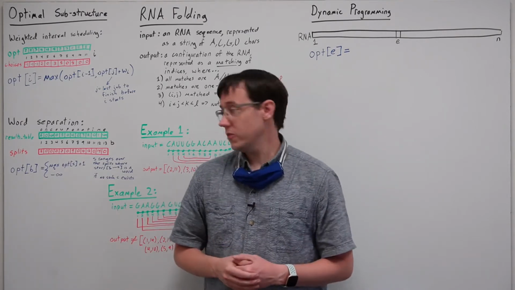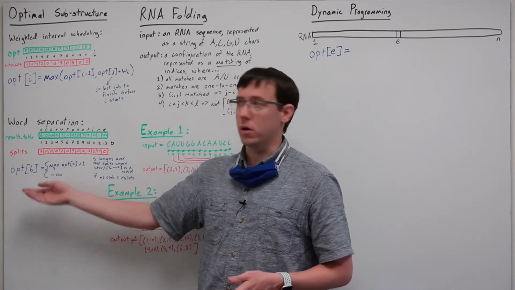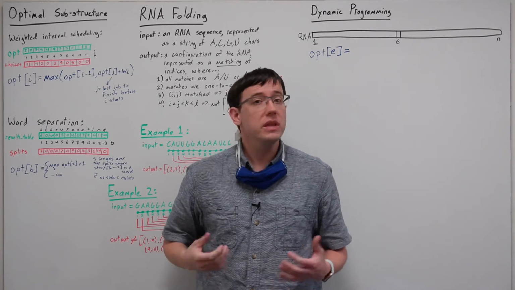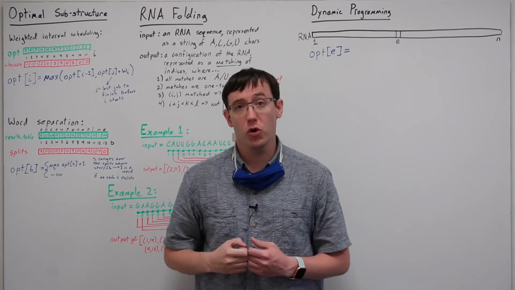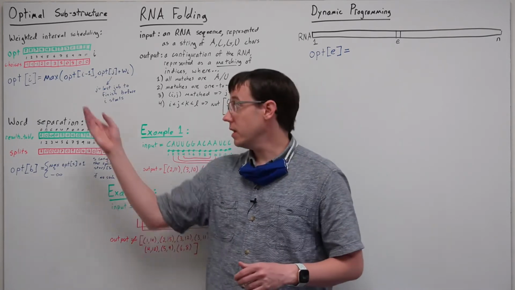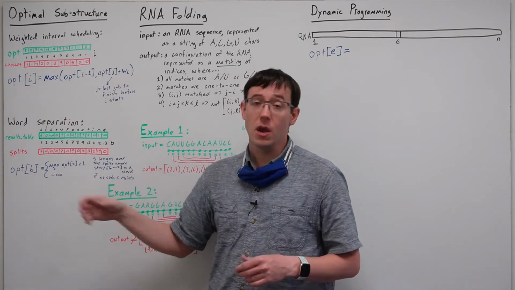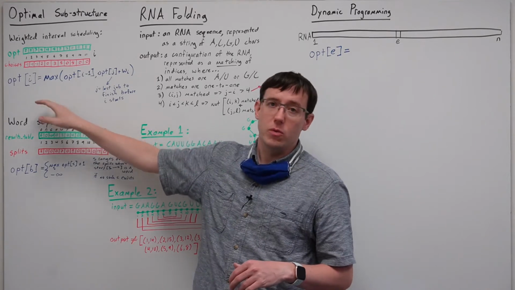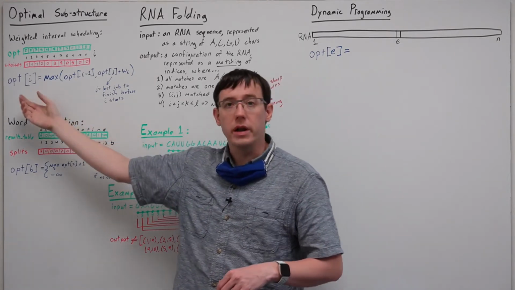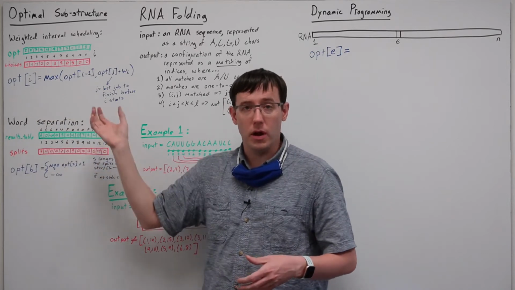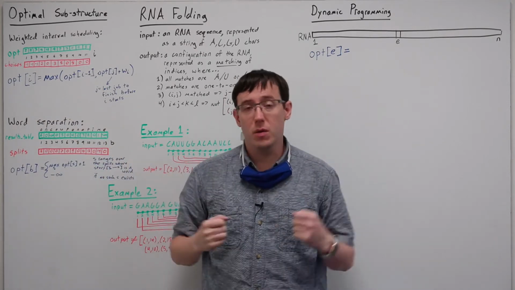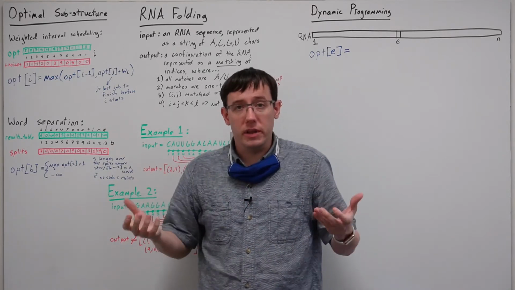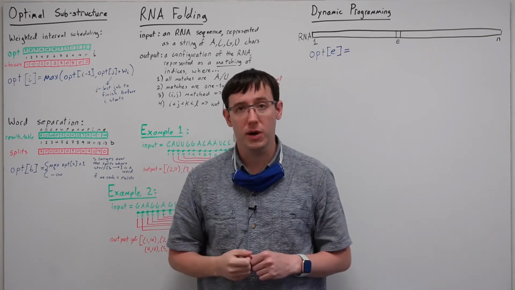And so, in a sense, these equations for the entries in the optimal value array completely define the dynamic programming algorithm. Given either of these equations, we could write a bottom-up dynamic programming algorithm where we compute opt of 1 and opt of 2 and so on, or a top-down memoization algorithm where we compute opt of n recursively in terms of smaller subproblems.